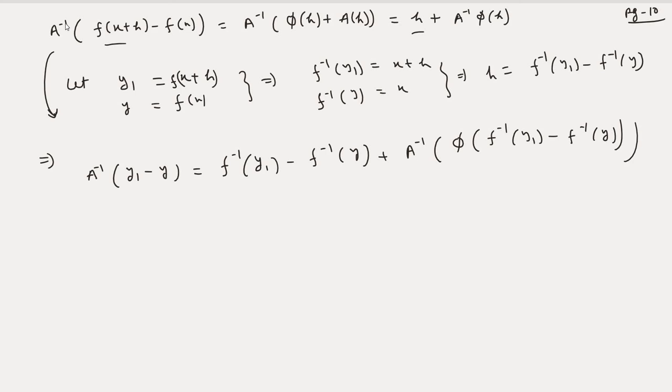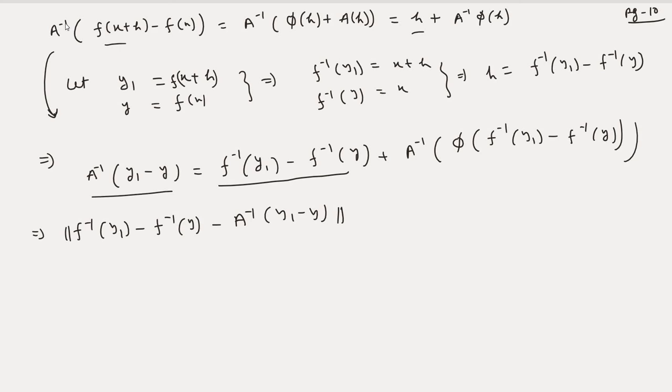So this implies F inverse of y1 minus F inverse of y minus A inverse of y1 minus y, and the norm of this is equal to the norm of A inverse of phi of F inverse y1 minus F inverse of y.